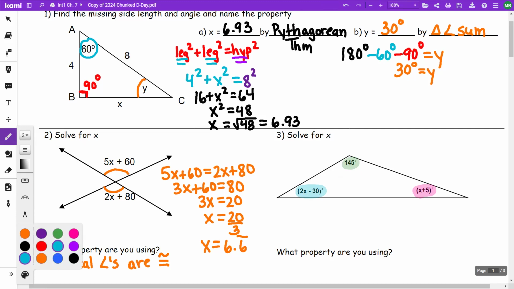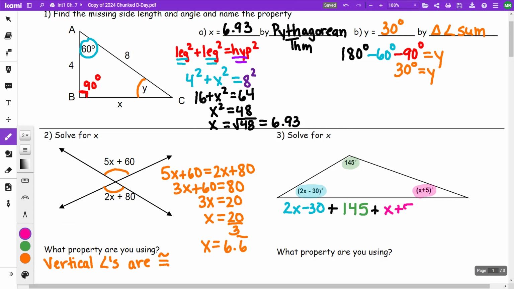So I am going to take the 2x minus 30 and add it with my 145 and add that with x plus 5, and together all three of those angles are going to add up to 180 degrees.